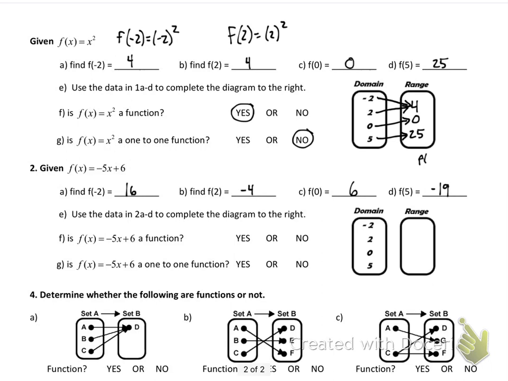So if you've got f of 5, that's going to be negative 5 times 5 plus 6. And negative 5 times 5 is negative 25, plus 6 will give you negative 19.